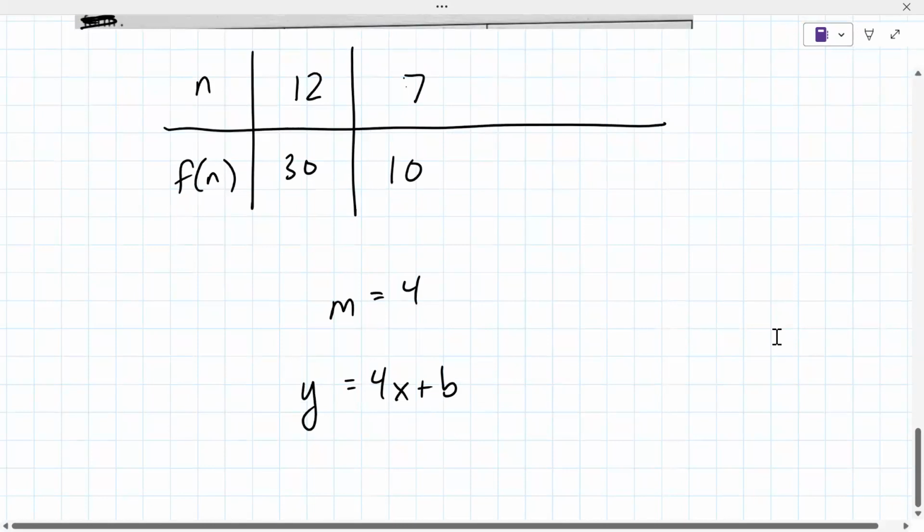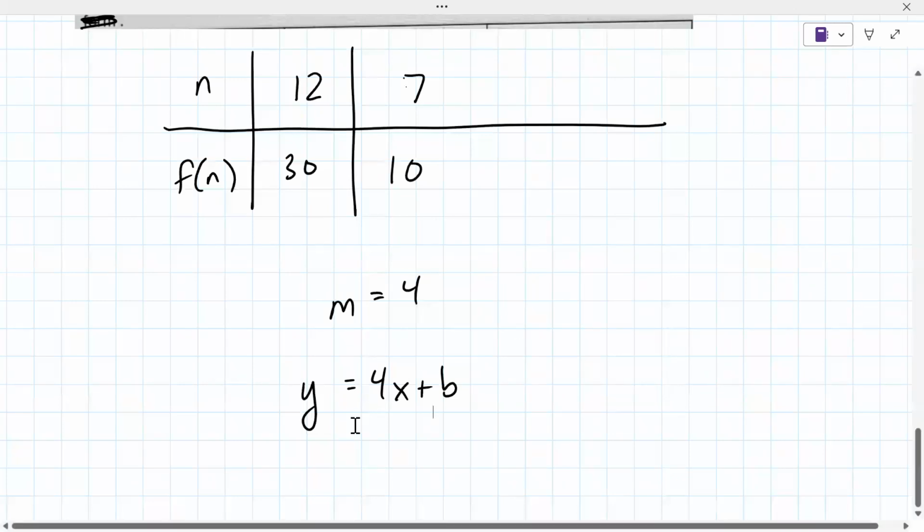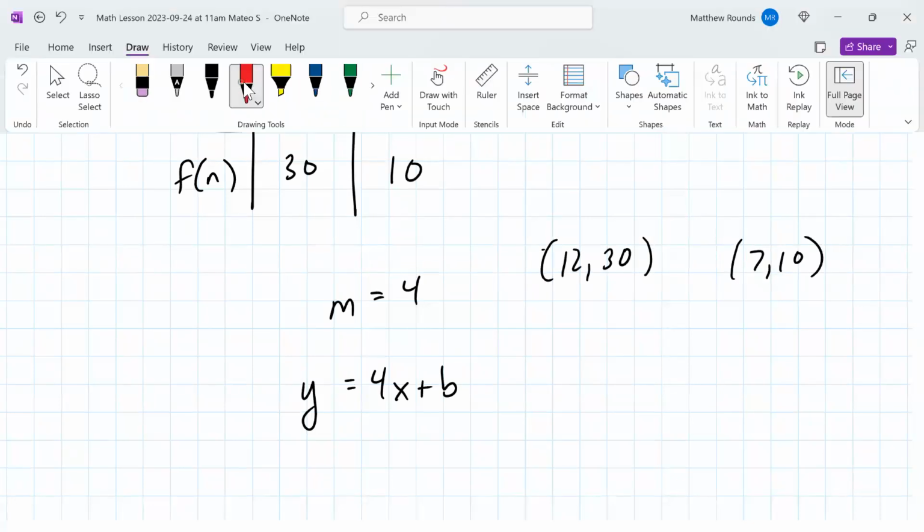Okay, so go ahead and solve that for b. Minus 33. Sorry, I misheard you. Your ordered pairs are 12, 30 and 7, 10. Which is x and which is y?